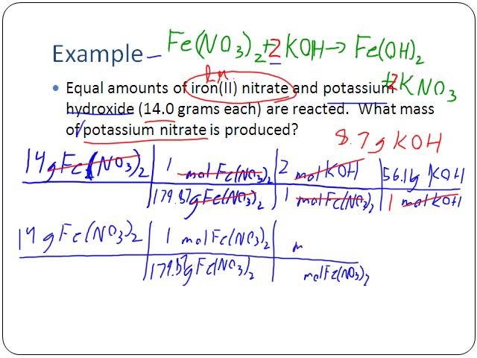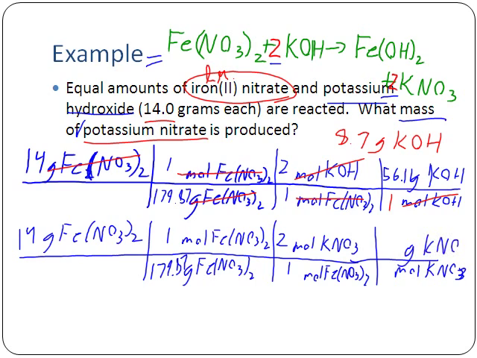So we're going to go to moles of potassium nitrate, KNO3. KNO3 is right there, with a coefficient of 2, so the mole ratio will be 2 to 1 again. The question was what mass, so we're looking for grams of KNO3. So we want to go from moles of KNO3 to grams of KNO3.